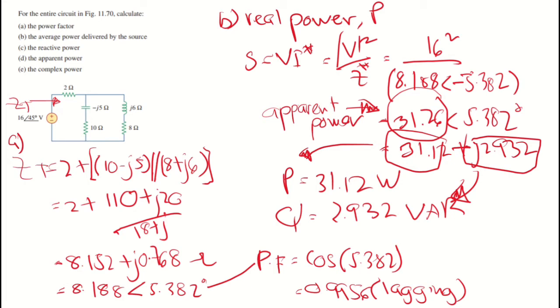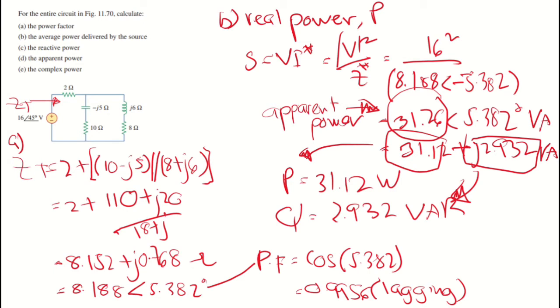The unit I forgot to write down is VA. So the real power is in watt, the reactive power is in VAR, while the complex power or the apparent power is in VA.